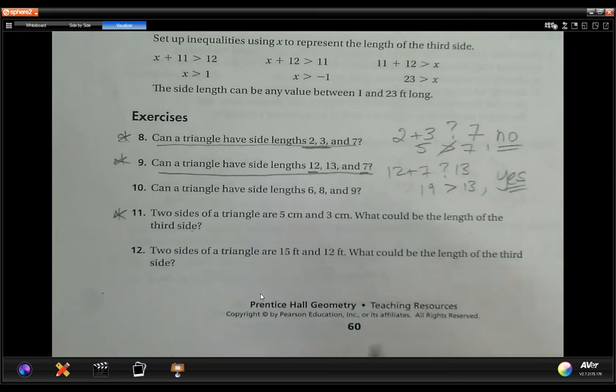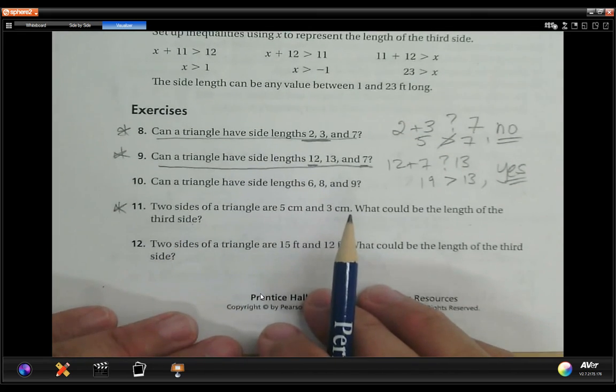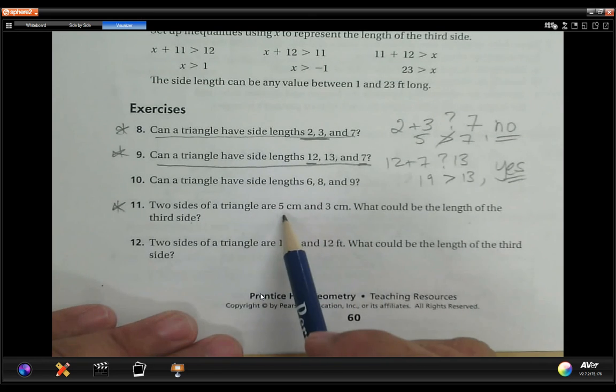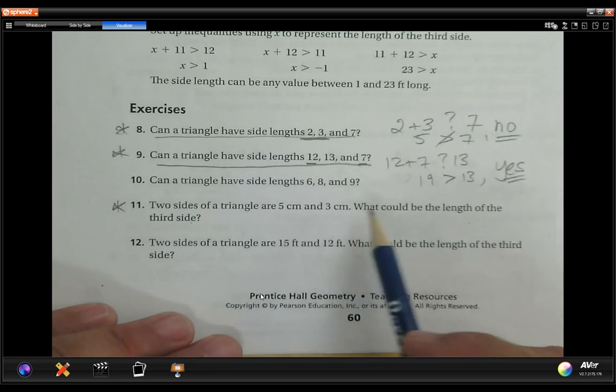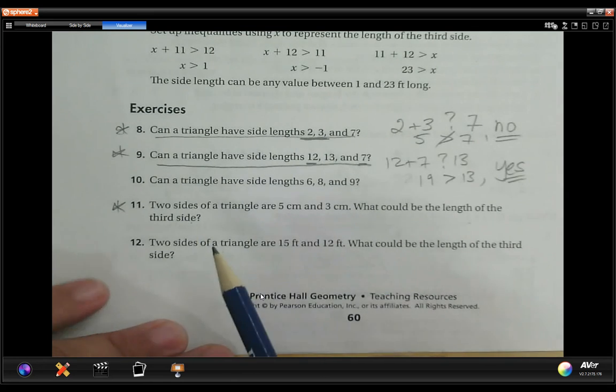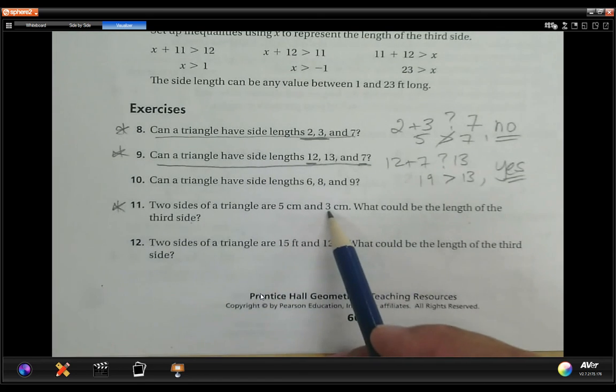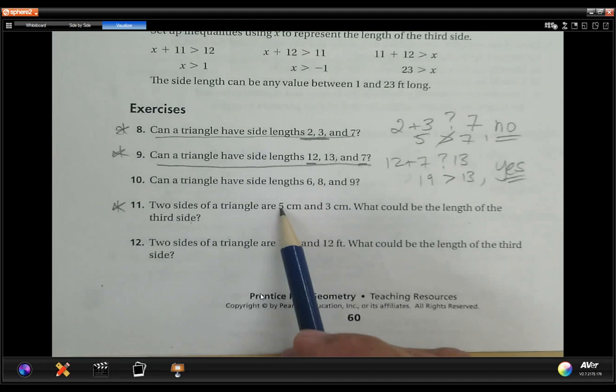One last thing that we need to take a look at right here on number 11. It says two sides of a triangle are 5 centimeters and 3 centimeters. What could be the length of the third side? Well, you might think something like, well, it just depends on whether this is my smallest side. This could be the largest side.